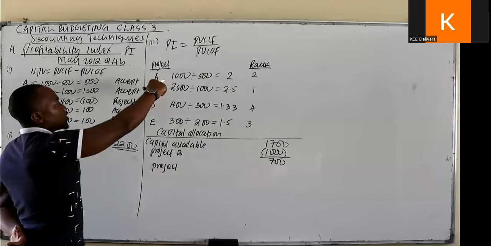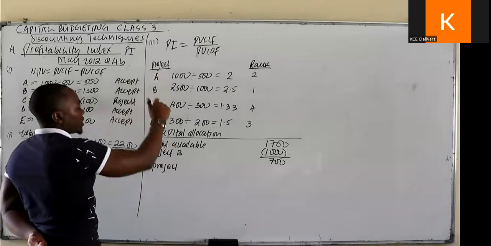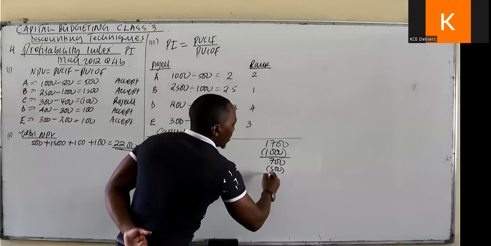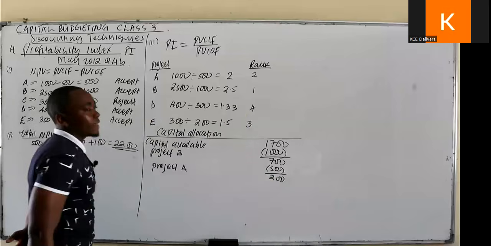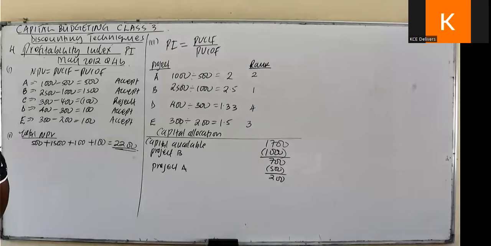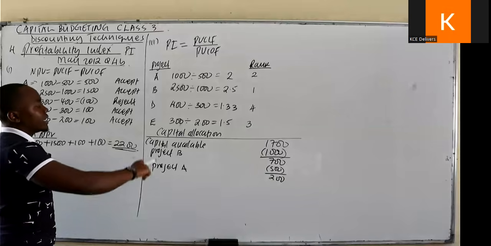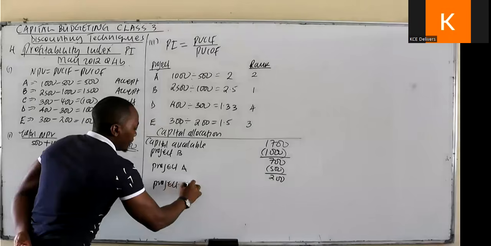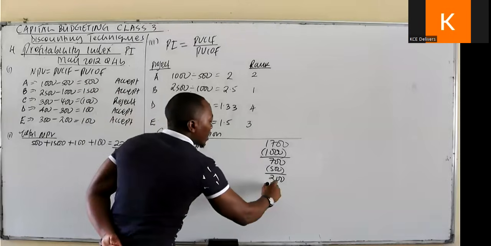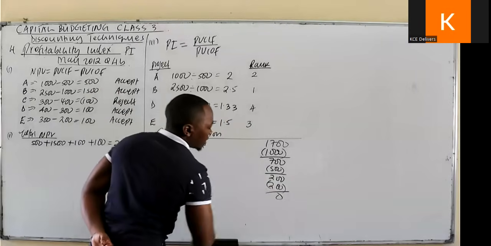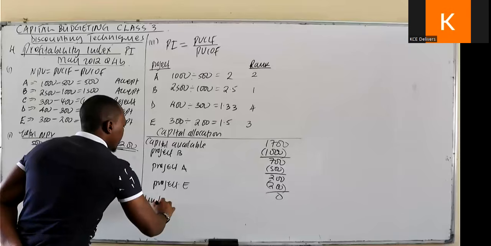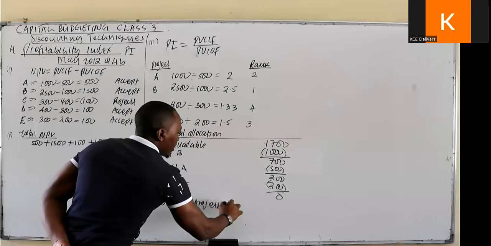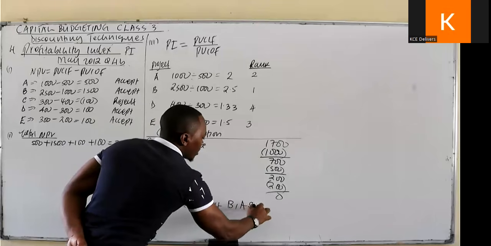The next most profitable project, rank number 2, is project A. Project A requires a capital of 500. We'll have a balance of 200. We still have more capital, so we can take the next profitable project. Rank number 3 was project E. Project E requires a capital of 200. Get 0. So therefore, the projects to undertake are B, A, and E.